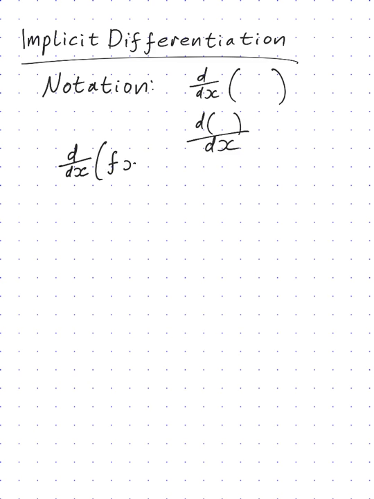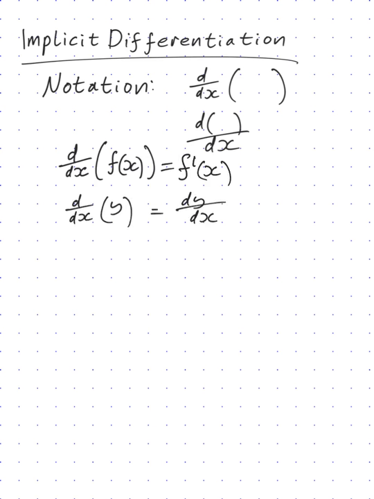So, in general, it'll be some function of x in those brackets, and so if I write d/dx applied to f of x, that will be equal to the derivative f prime of x. So a few examples: if I say d/dx of y, that's just dy/dx.